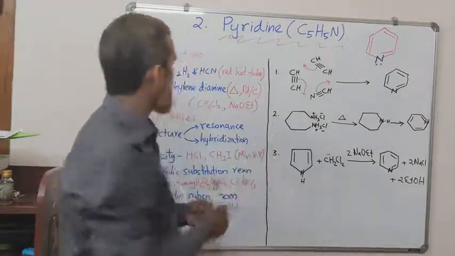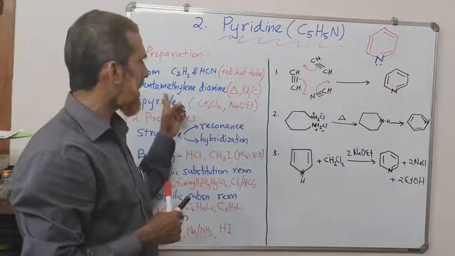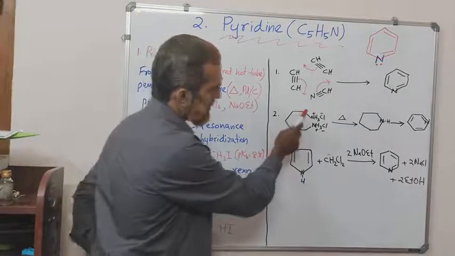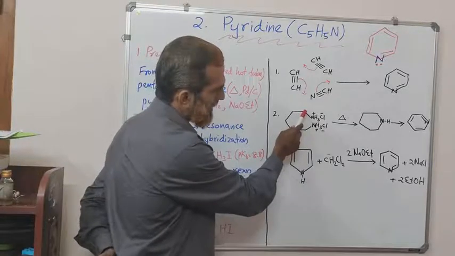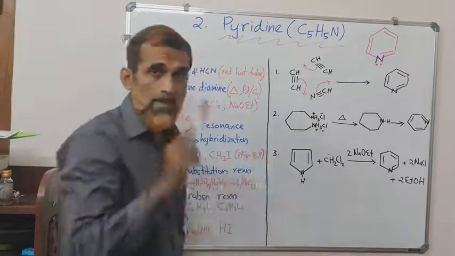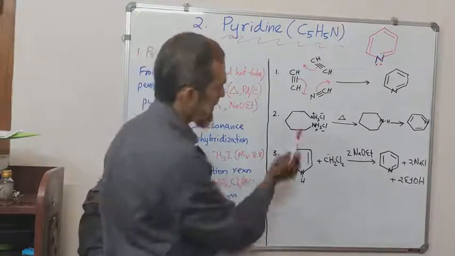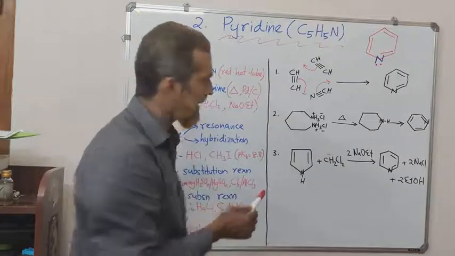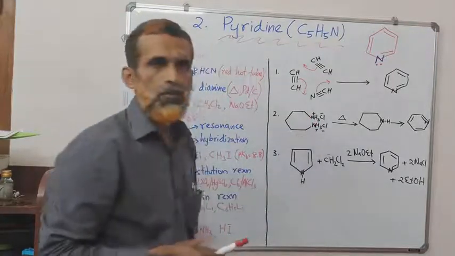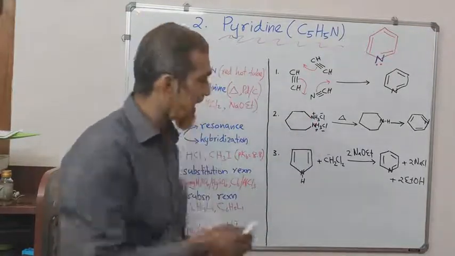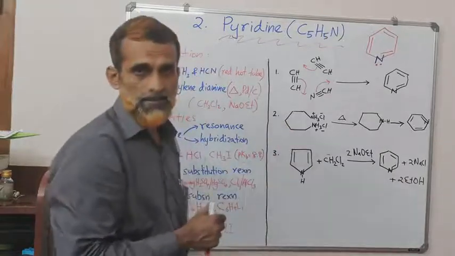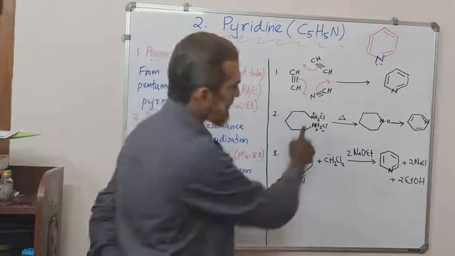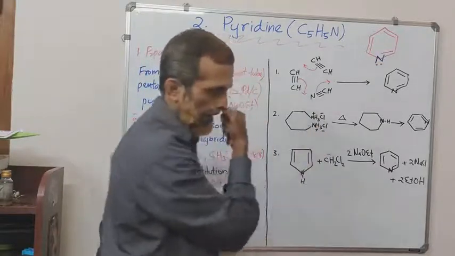The second method is from pentamethylene diamine. This is pentamethylene diamine or pentane 1,5-diamine, 1, 2, 3, 4, 5. It's pentane basically, with two amino groups at the ends, and we have taken the hydrochloride of the amines, so that's why it is NH3Cl.